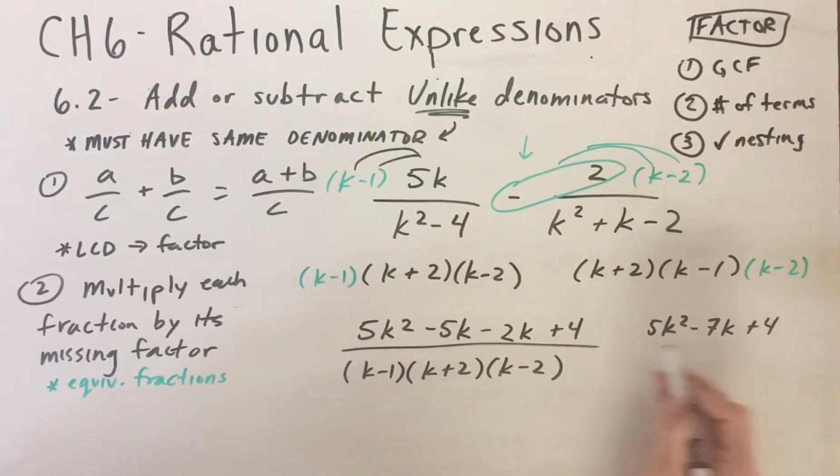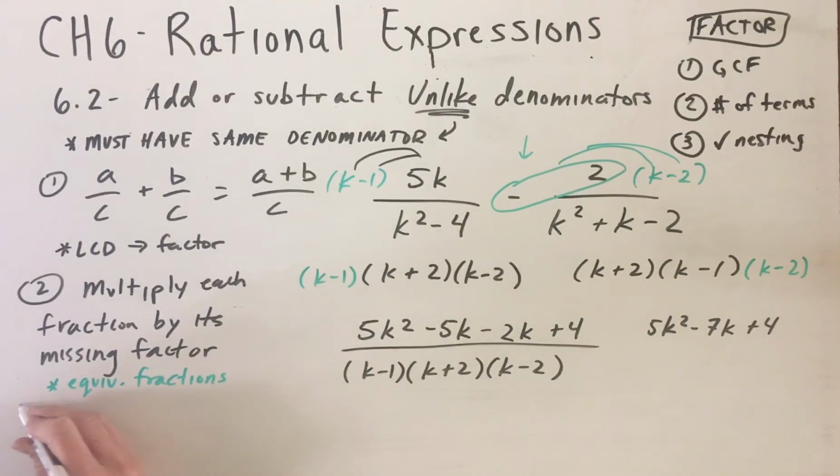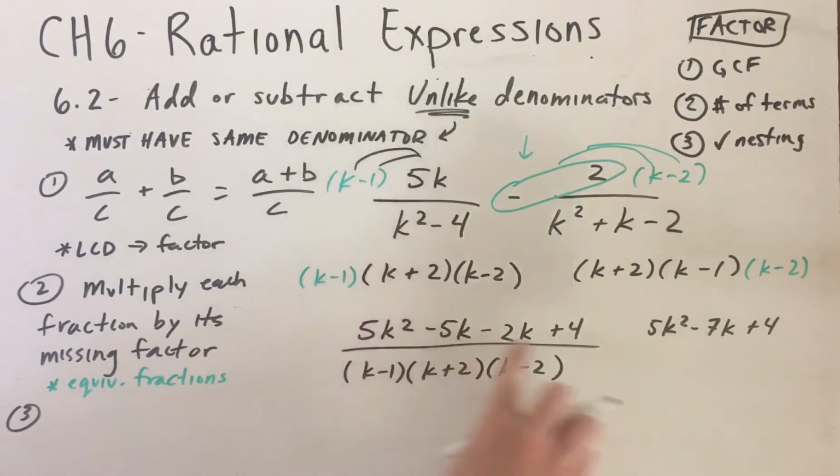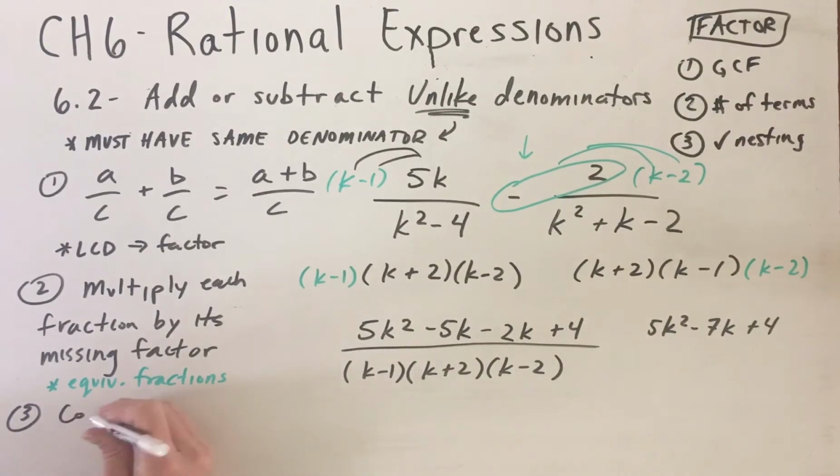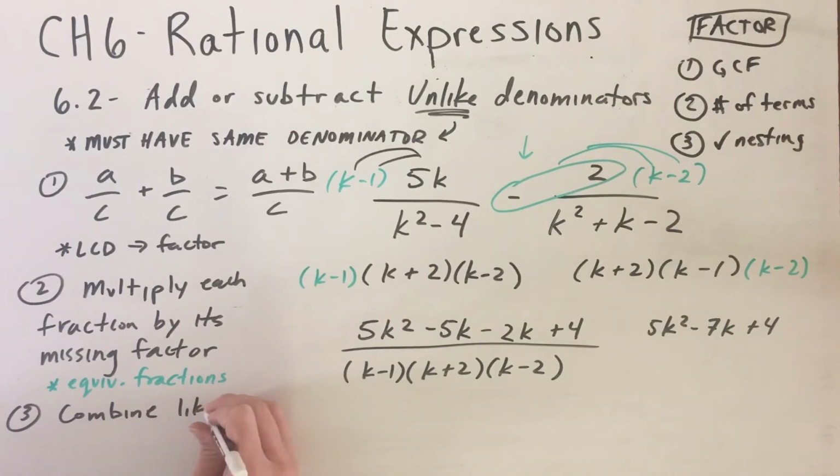Question is, can we factor this? Can I simplify? So our next step here that we did, we formed these equivalent fractions and then we combined right here. So we combine like terms. Okay, this is where you do the actual addition or subtraction.